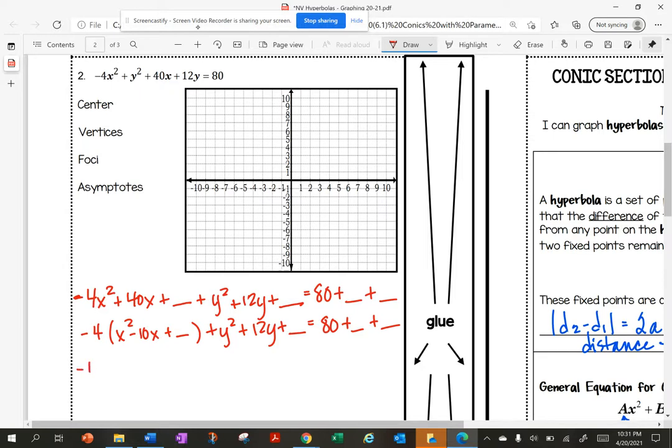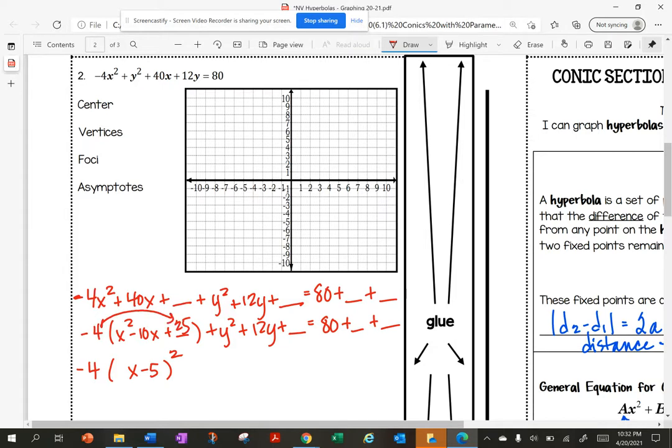Okay, so I got minus 4. So half of 10 is 5. So 5 squared is 25, but I'm multiplying this times negative 4.